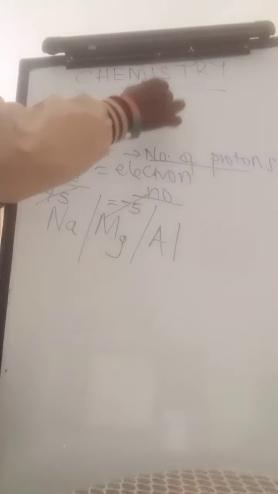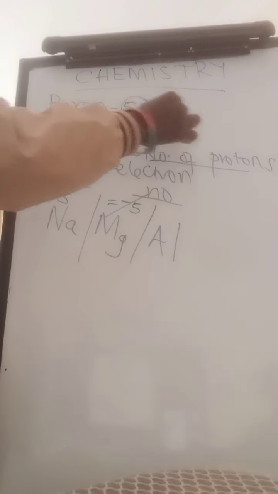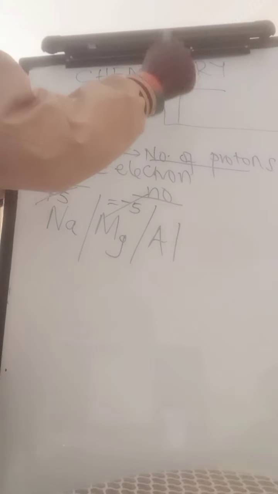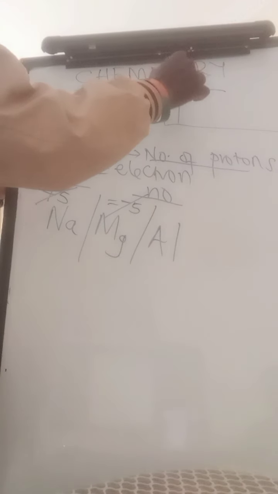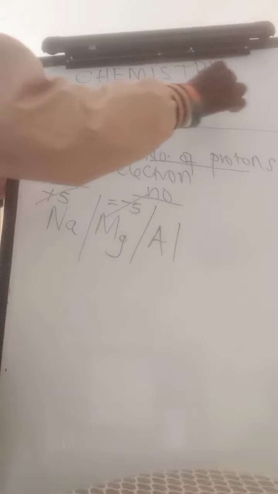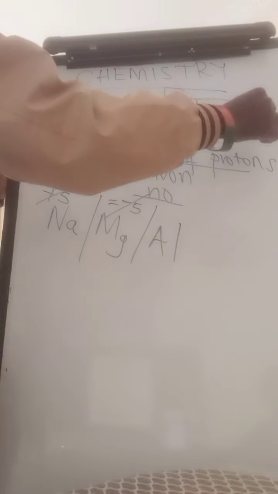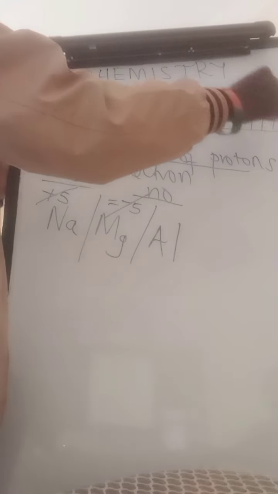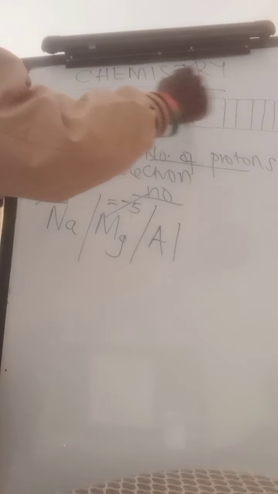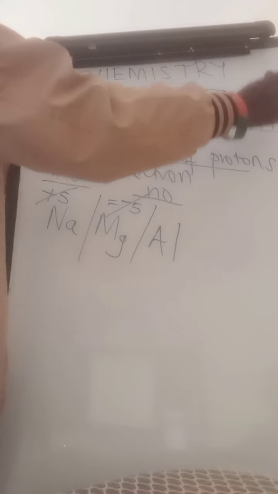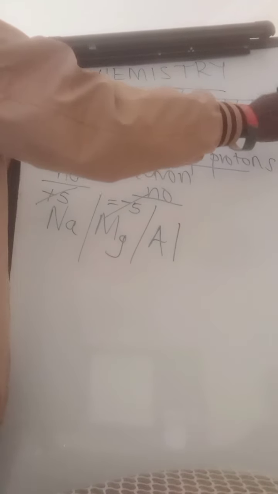Of course, if this becomes my periodic table, we'll obviously know that these are groups, isn't it? 1, 2, 3, 4, 5, 6, 7, then 8.